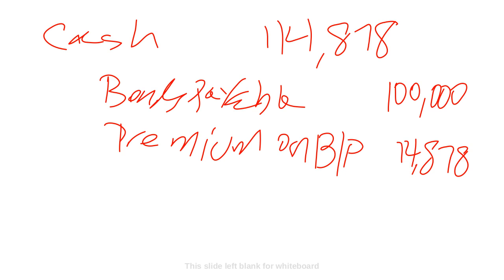So this is an example of if the bond is issued at a premium, that means the market rate is less than the coupon rate. How to price a bond in, let's say, a situation like premium.